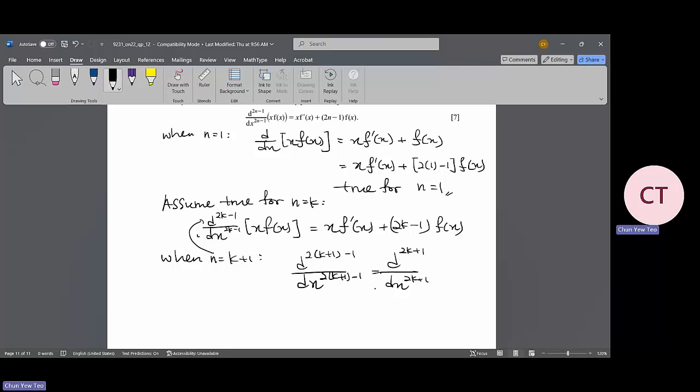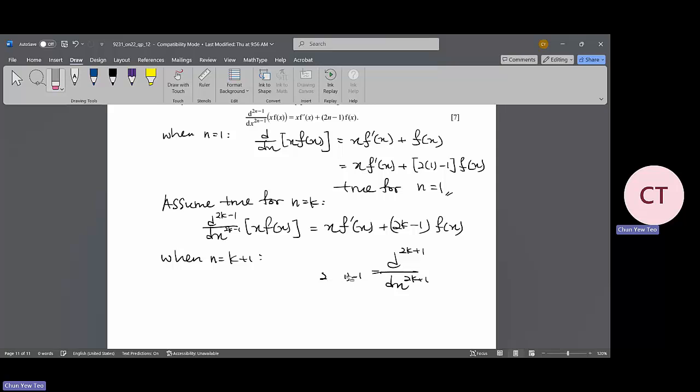That means you have to differentiate 2 times. You can only get to here because from 2k minus 1, how do you get 2k plus 1? You must pass through 2k first. So in order to get this, you need to differentiate 2 times, then you can only get until 2k plus 1. This is something that you have to be aware of, else you will not be able to get the answer.